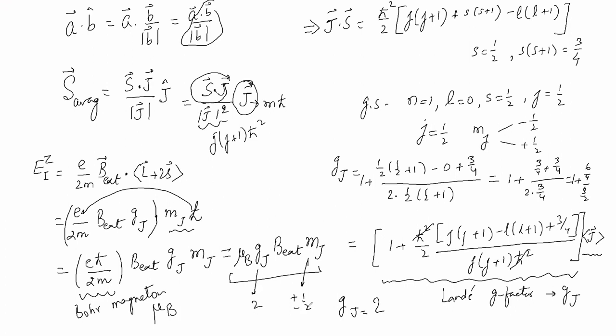Plus minus 1. Gj and Mj, if you take these two together, will be plus minus 1. And that means this quantity will be plus minus mu B, B external.